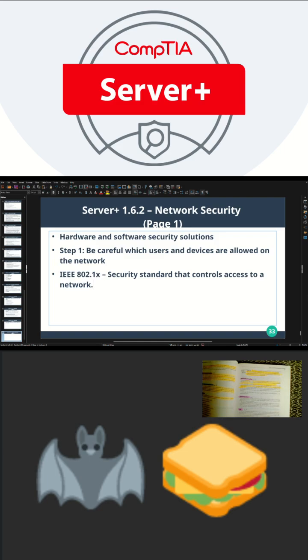Okay, so the idea is that network edge devices, so let's make a note of that.